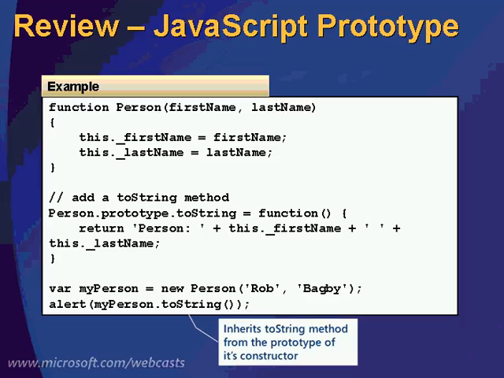In the implementation in there, we're just simply returning an appended string. And then at the bottom you'll see where I've essentially newed up a person constructor, and I've inherited the toString method from my prototype.